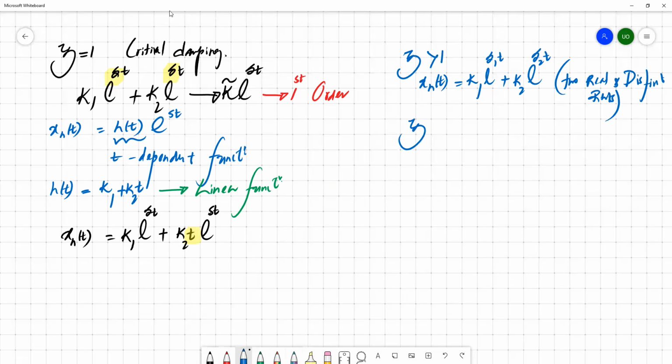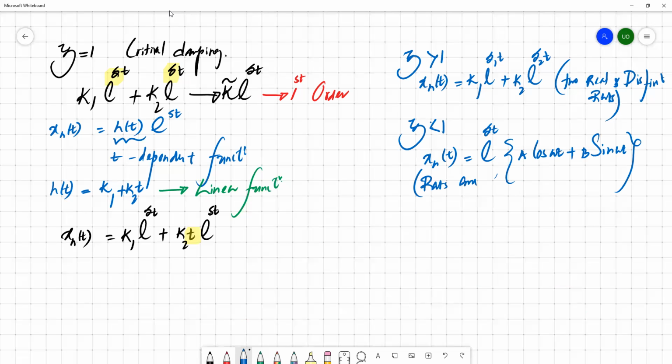The next case is theta less than 1. Your response is e to the power sigma t times (A cos omega t plus B sin omega t), where the roots are complex conjugate pairs.